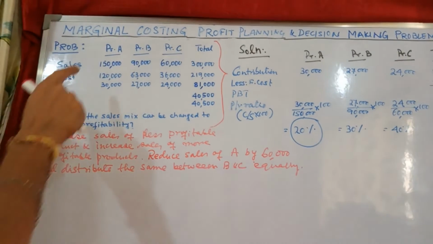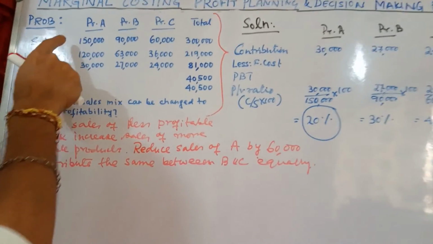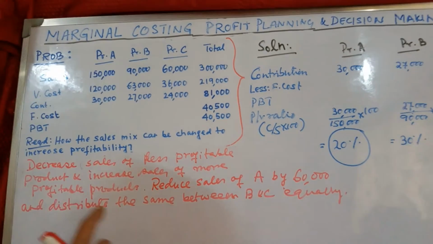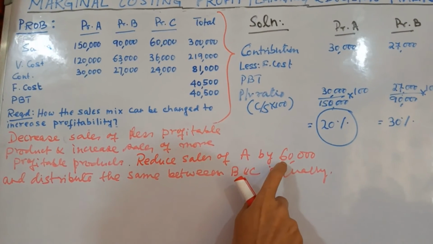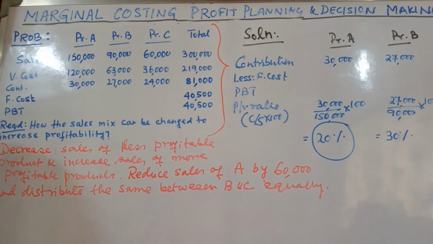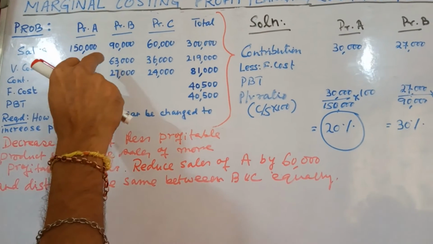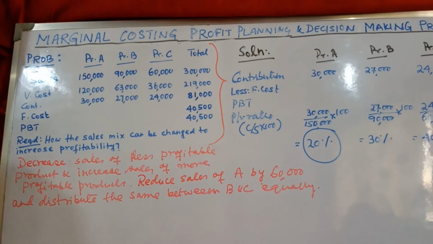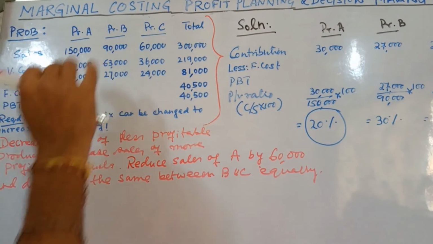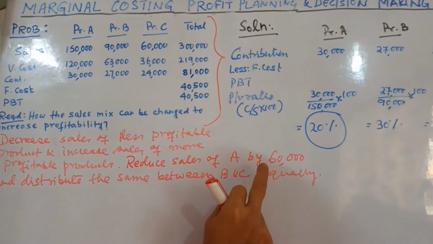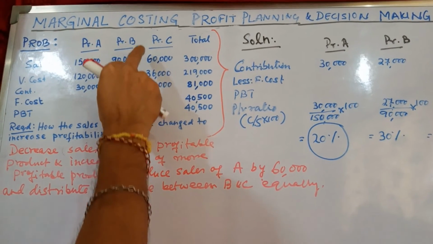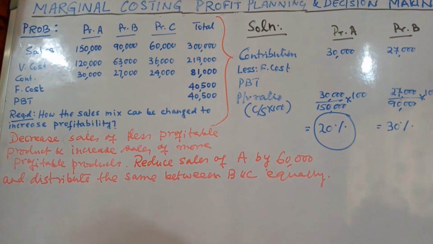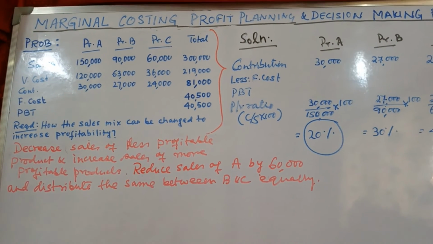So sales of A will fall from 150 to 90 because 60,000 is the amount of reduction. At the same time, sales of product B and C will increase by 30,000 each. That is, sales of product B will be 90,000 plus 30,000 and sales of product C will be 60,000 plus 30,000.